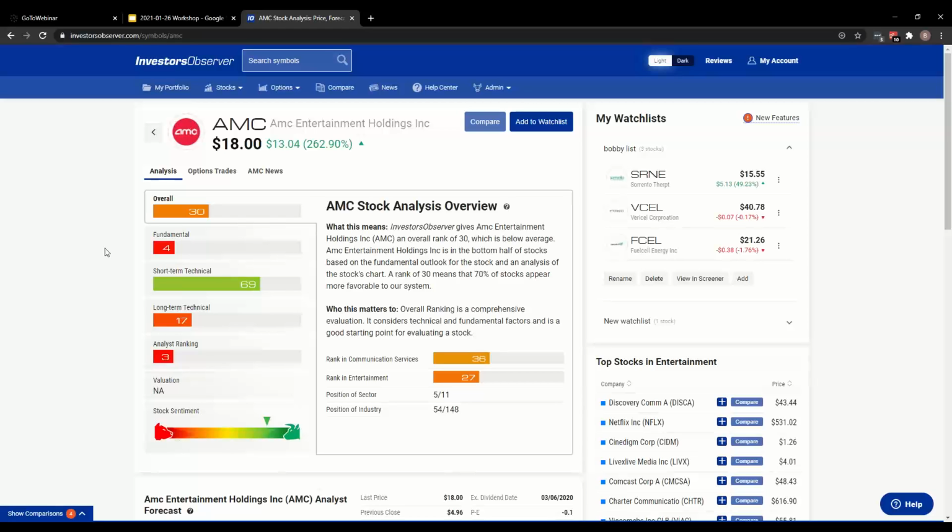That's how we imagine this works best for people, using the overall score as a starting point and then figuring something out from there. We certainly don't have stats on how successful the overall score is, just because that's not really how it works.